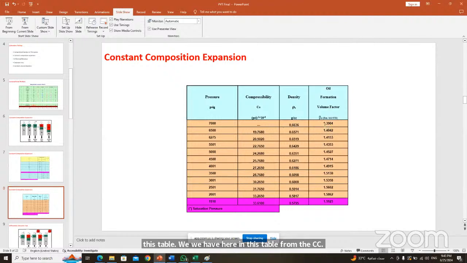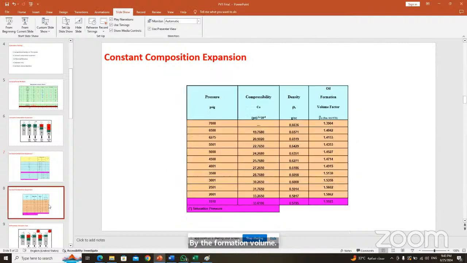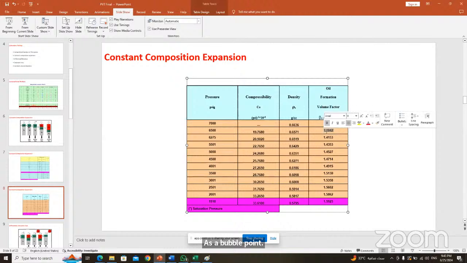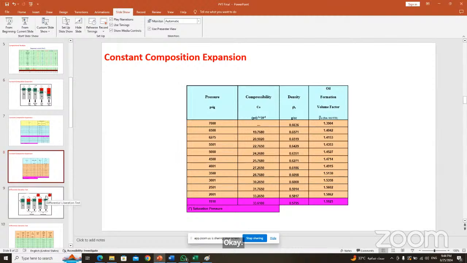We measured the relative volume. If we multiply the relative volume at any pressure by the formation volume factor at the bubble point, we get the formation volume factor at that pressure. Is it clear? Okay.